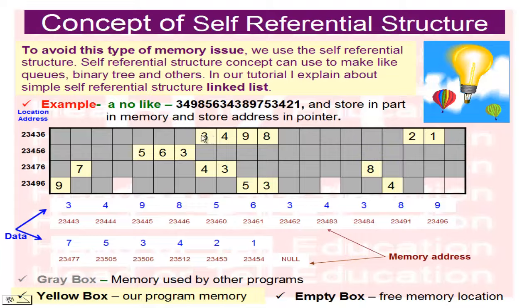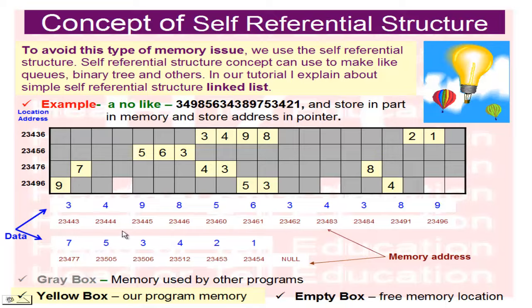So for this issue, each number has an address. The initial memory address is 23436. Now 36, 37, 38, 39, 40, 41, 42, 43, so three numbers are allocated at this address. Now four numbers are allocated at 23444.